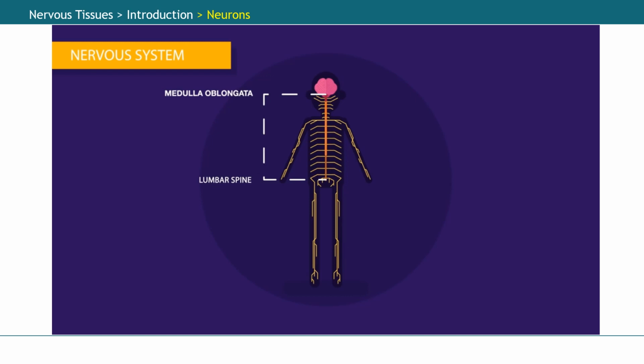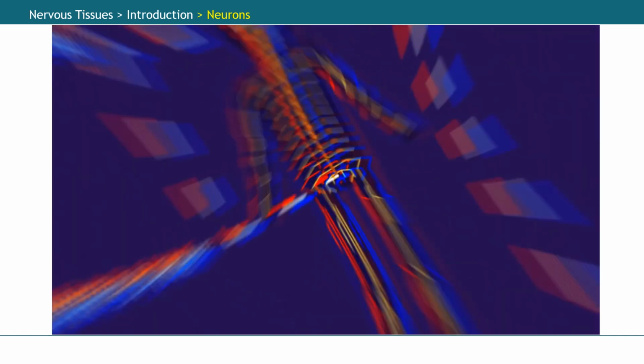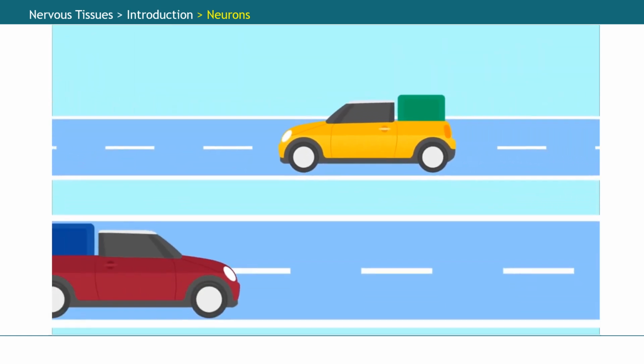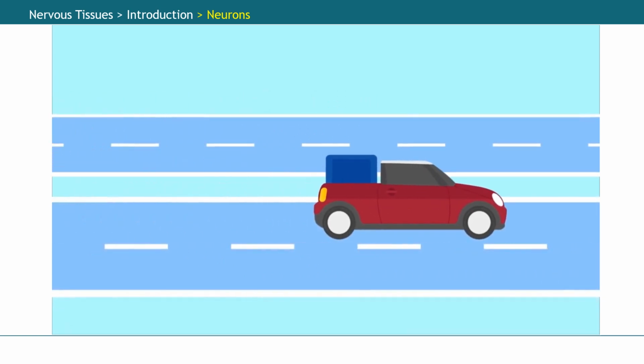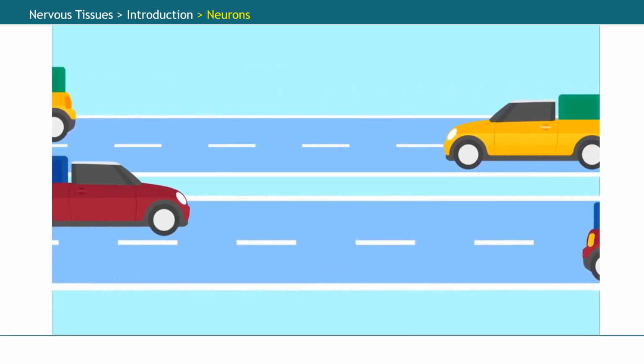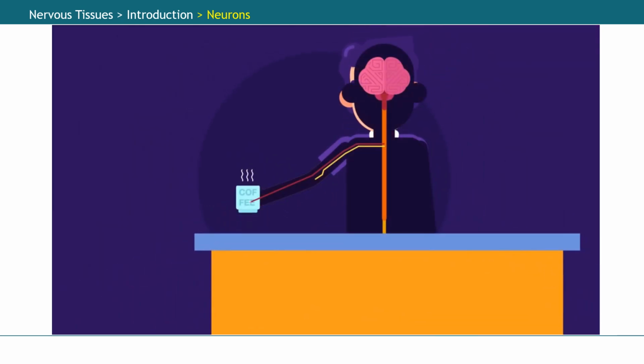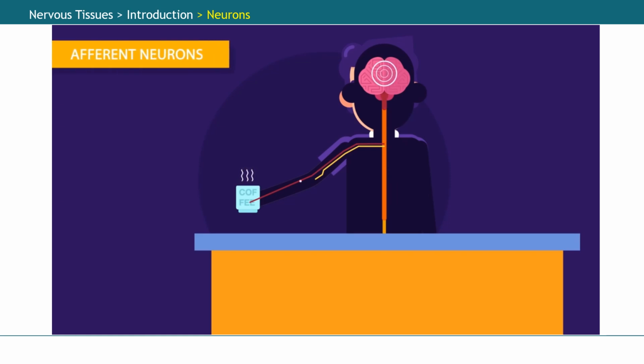The peripheral nervous system is a network of nerves spread across our body. Think of the peripheral nervous system as a network of highways that connects the body with the central nervous system. This highway has two-way traffic. Let's see how. When you hold a hot cup of coffee, sensory neurons in your hand transmit a signal to the brain through sensory neurons, also called afferent neurons, that the cup is hot.